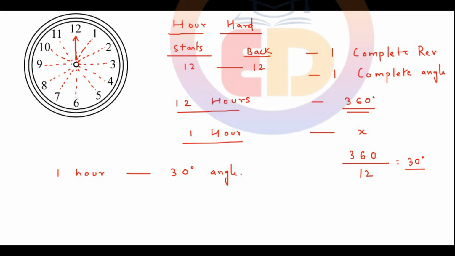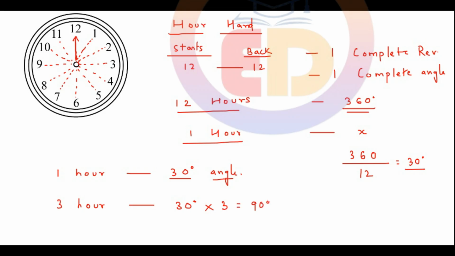आवर हैंड जब 1 घंटे आगे चलेगी, अगर वो 12 बजे से लेकर 1 बजे पर आई तो वो 30 डिग्री का एंगल बनाएगी. सिंपल सी बात है, आपको याद रखनी है. 1 बजे से अगर वो 2 बजे पर आई तो फिर से वो 30 डिग्री का एंगल. तो इसका मतलब हर 1 घंटे में 30 डिग्री का एंगल वो बनाएगी. तो ऐसे जितने भी आवर्स आपको पूछे हों, अगर आपको पूछे कि 3 घंटे में कितना एंगल बनाएगी तो 30 मल्टीप्लाइड बाय 3 कर दीजिए, क्योंकि 1 घंटे में 30 डिग्री. अगर इन्होंने पूछा कि 3 आवर में कितना होगा, सिंपली मल्टीप्लाई 30 डिग्री इंटू 3, इट विल मेक अ एंगल ऑफ 90 डिग्री.